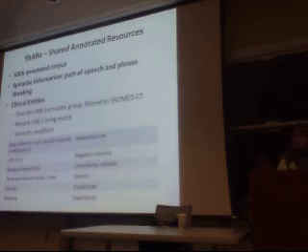How many of you are familiar with the UMLS? Okay, so UMLS is an ontology of classification from the National Library of Medicine. It stands for Unified Medical Language System.